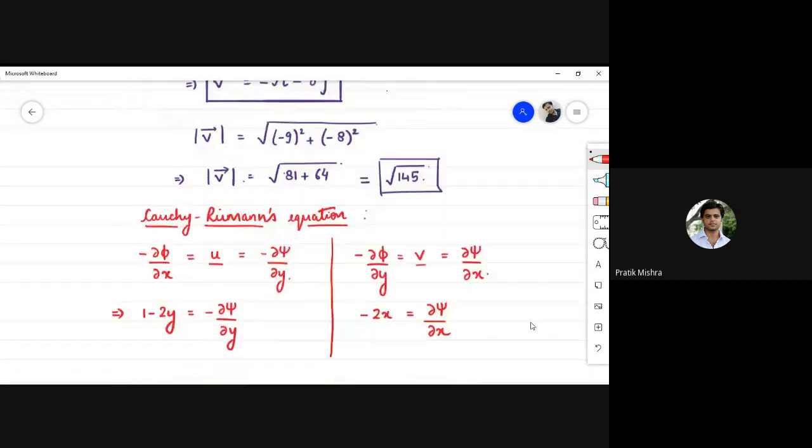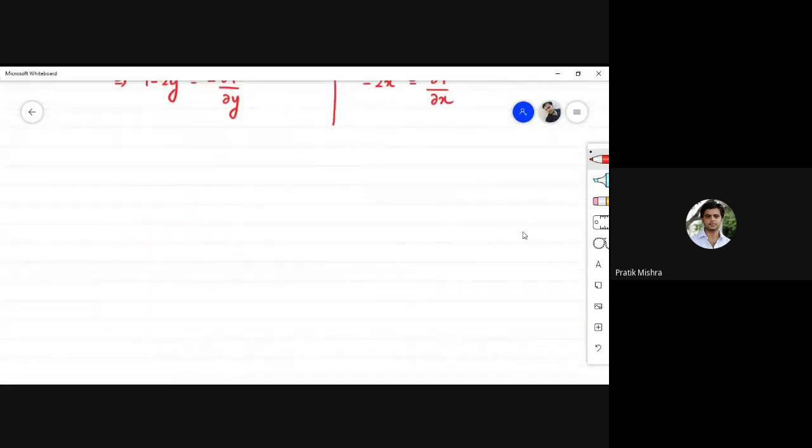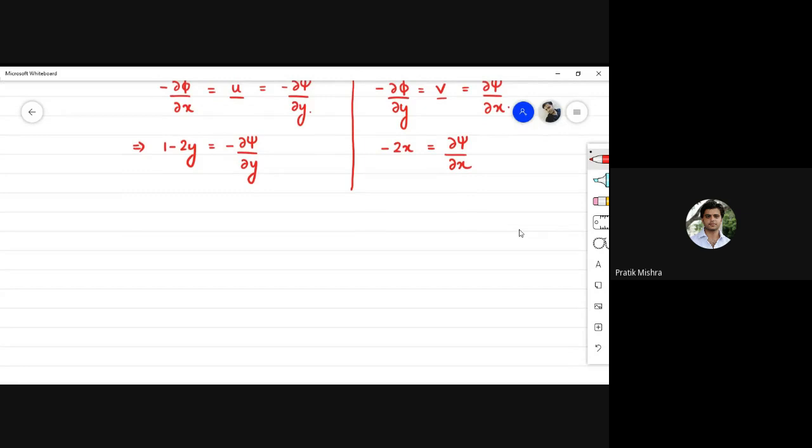ठीक, मूविंग ऑन. देखने वाली बात यहाँ पे ये है कि यहाँ पे ये जो डेल्टा ऑपरेटर है, this is partial derivative. तो जब कभी भी हम इंटीग्रेट करेंगे तो देखिए कैसे इंटीग्रेट करेंगे.